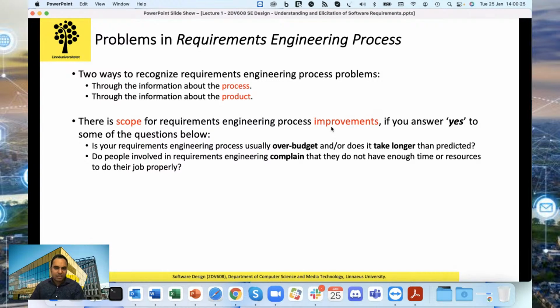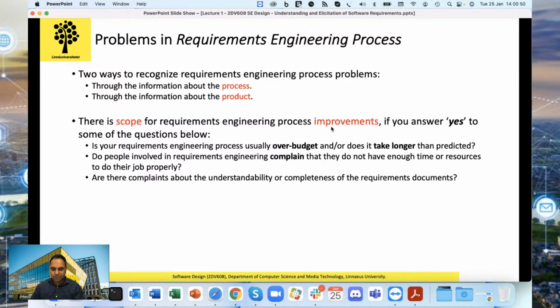Remember that in your requirements engineering process, you not only need to specify activities, but also the people and tools that will be part of those activities. And then, are there any understandability problems or completeness problems in your requirements document? If yes, that means your requirements engineering process has a problem.